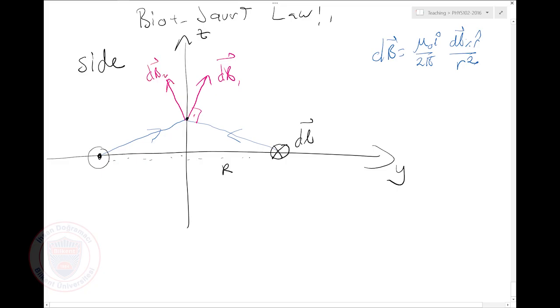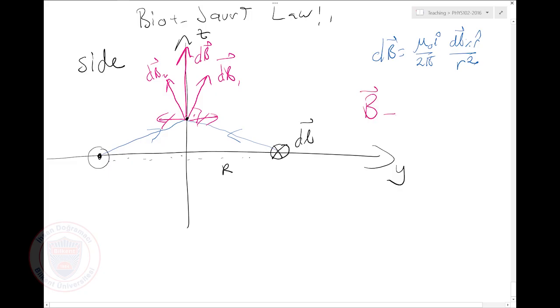So which way will the total magnetic field point? The x or y components, the components in the xy plane, will cancel each other. So these two components will cancel each other, which means finally dB will actually point in the z direction.